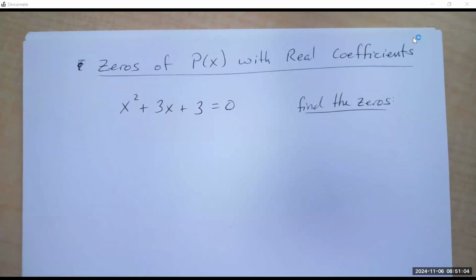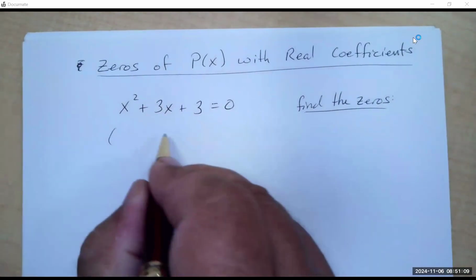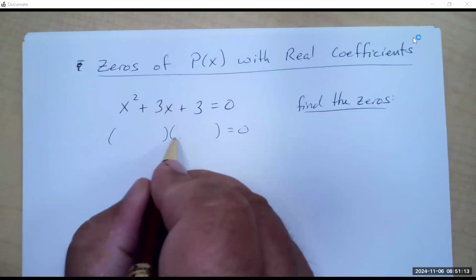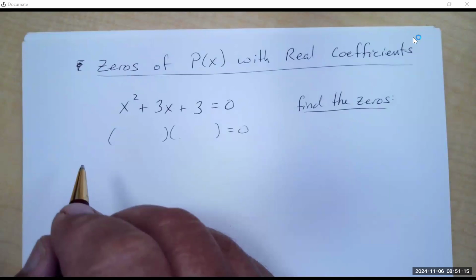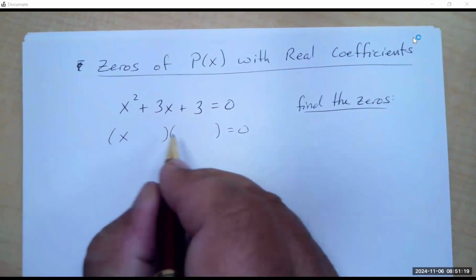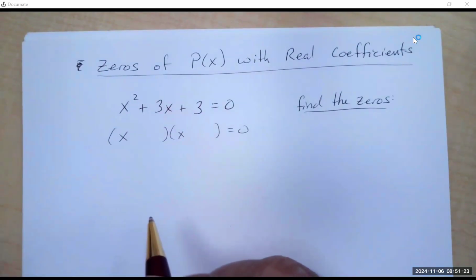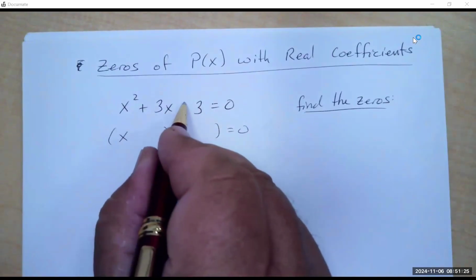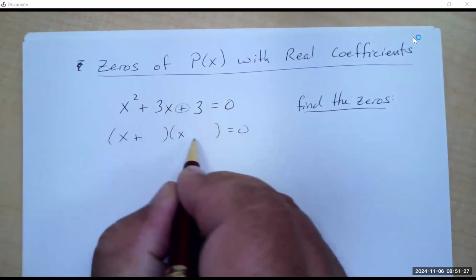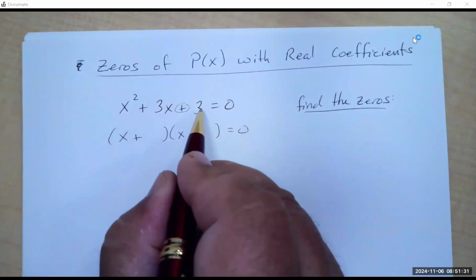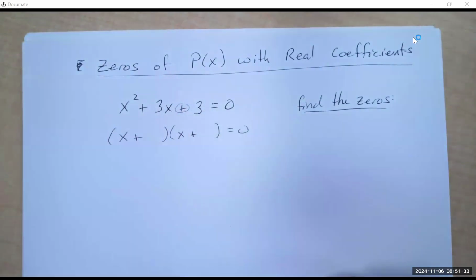Can we factor it? Okay, let's check it out, if we can factor it. What goes in the first spaces? x. That's the first thing that goes in each parentheses. What signs go in there? Positives. So they're both the same. They're both positive. Yep. So what times what equals 3, and when you add them, you get 3?